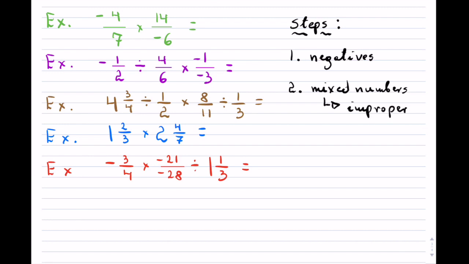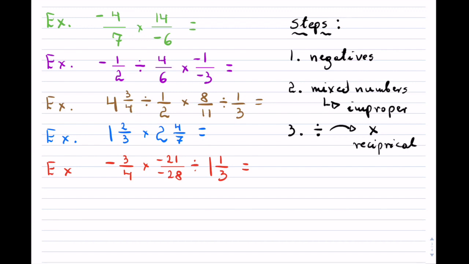So that would be my second step. Then the next step is, once I do the changing, I basically have now just fractions, no more mixed numbers. Then I will take all my divisions and I will change them to multiplications. And of course, this will mean I would need the reciprocal.